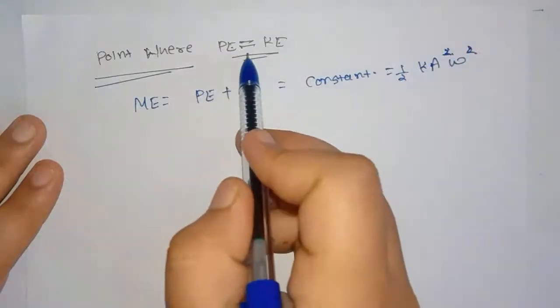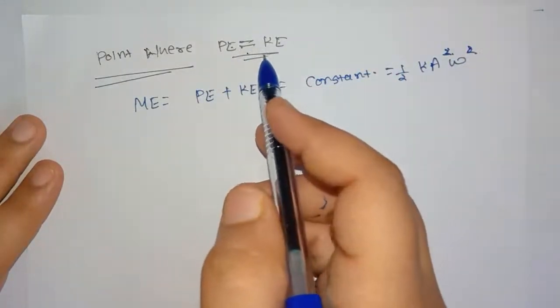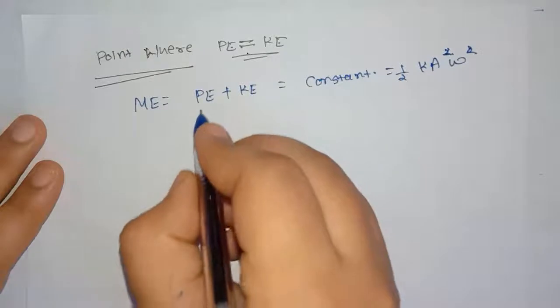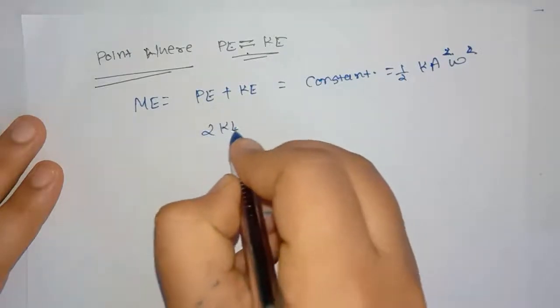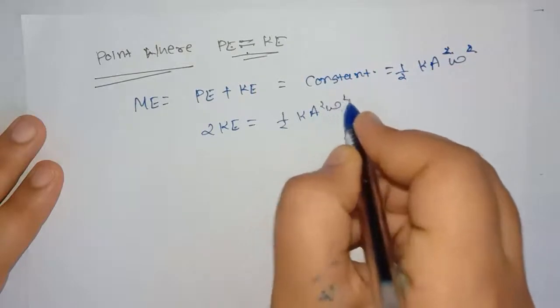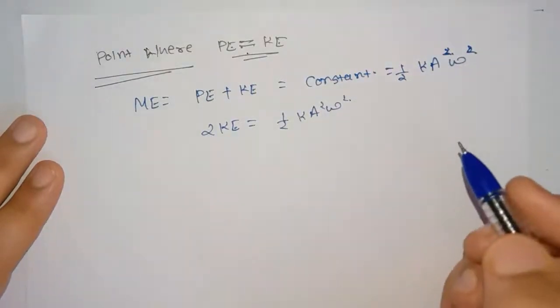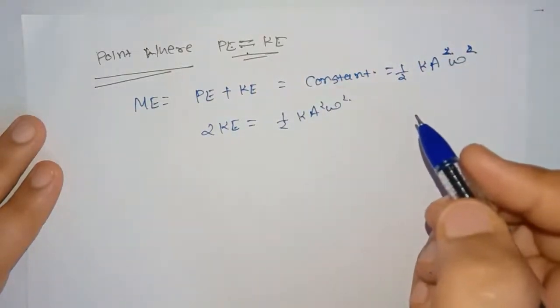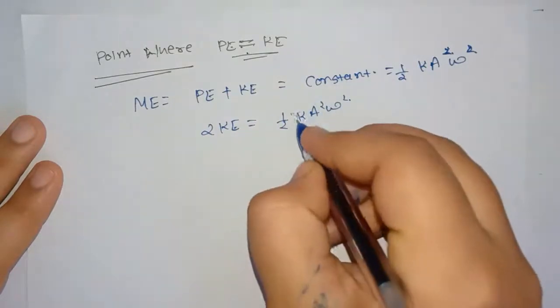If potential energy and kinetic energy are the same, then we can write this to be equal to 2 times kinetic energy is equal to half k a square omega square. This will be m.